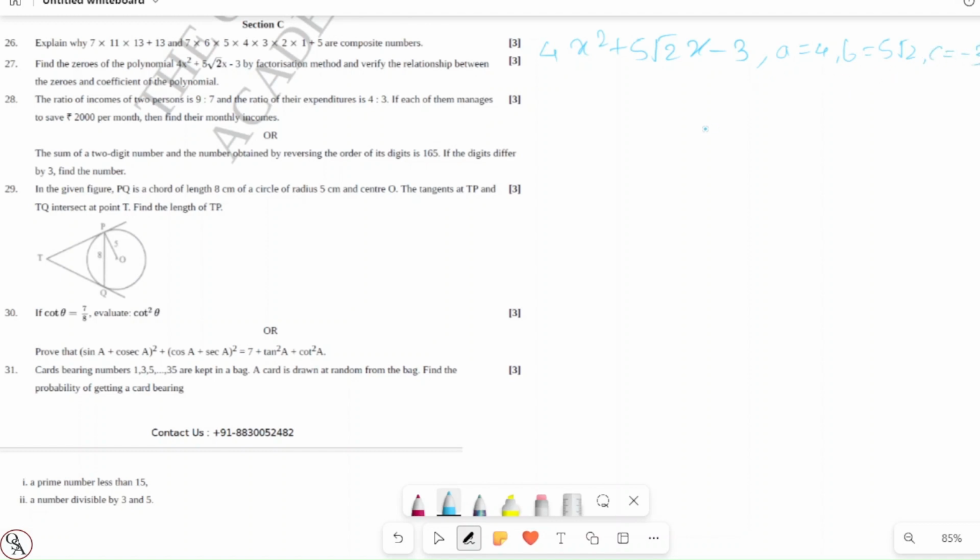If I want to factorize it by splitting the middle term, 4 threes are minus 12. I have to split in such a way that the sum is 5 root 2.